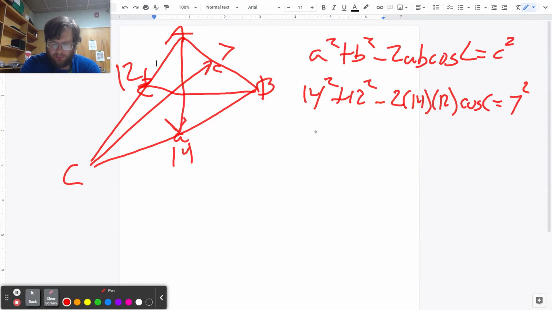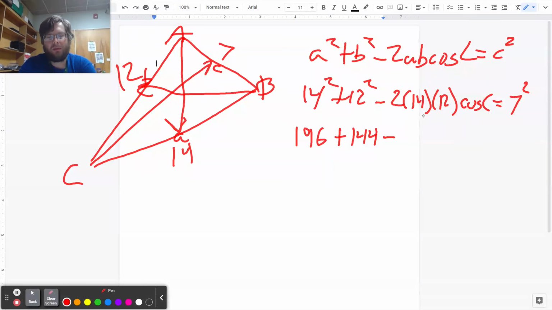Okay, so 14 squared comes out to be, I think, 196. That sounds right. 12 squared is 144. 2 times 14 times 12. What does that come out to be?